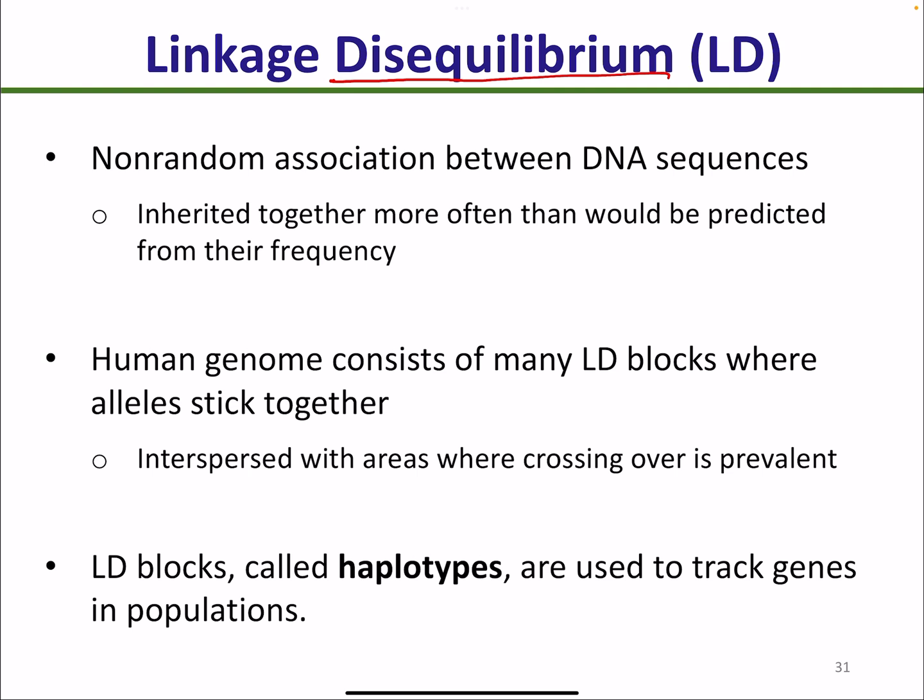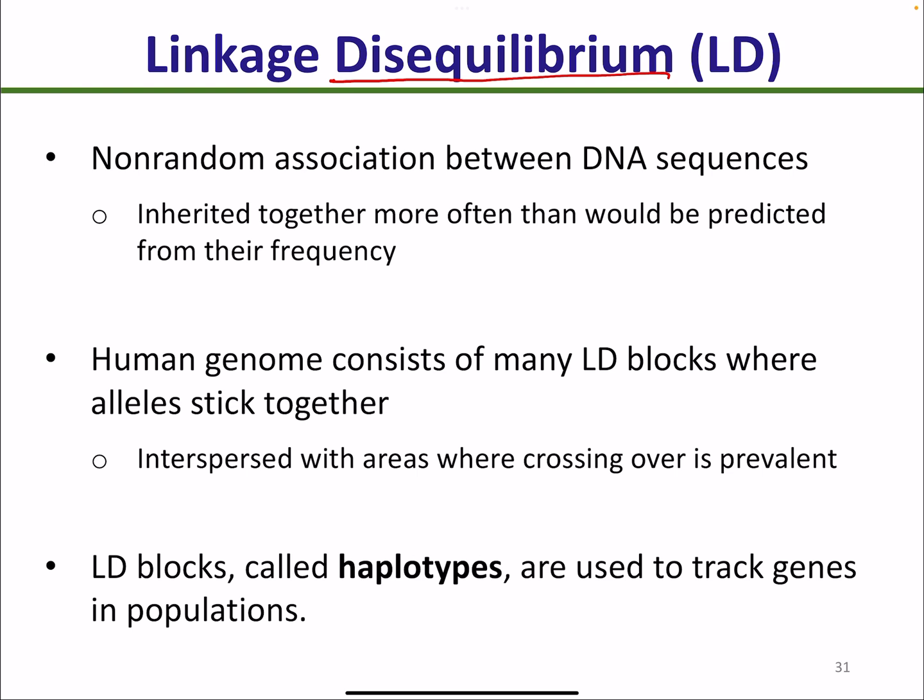Let me repeat that. Non-random association between DNA sequences. In other words, when two genes are closely associated together, the likelihood that they end up in the same gamete is very predictable, right? It's very possible, right?